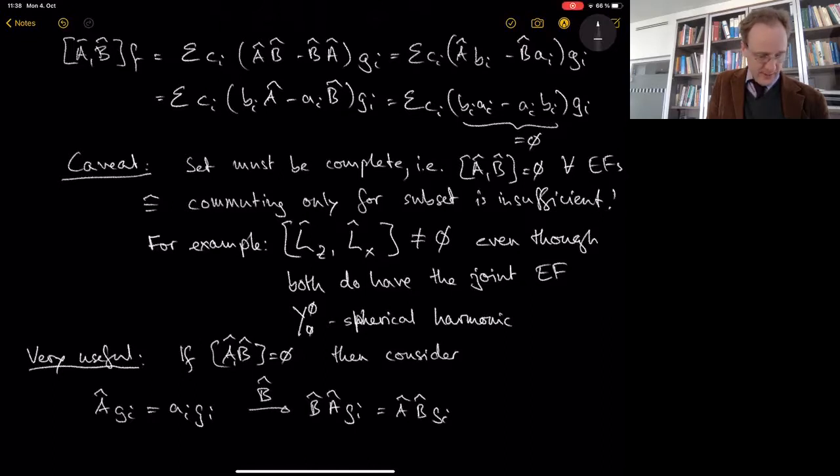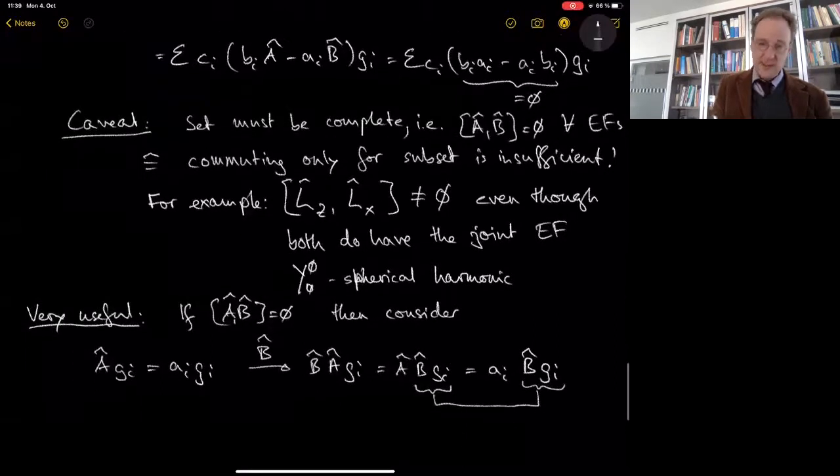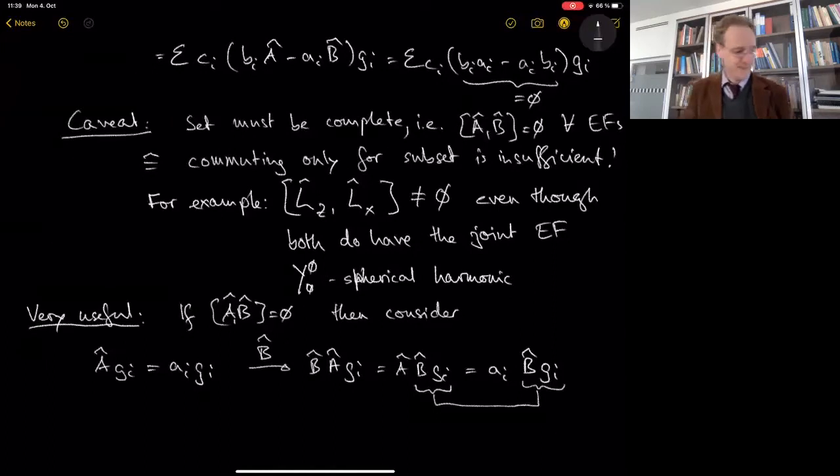And so that must be the same as this. So this here is a new eigenfunction of A.